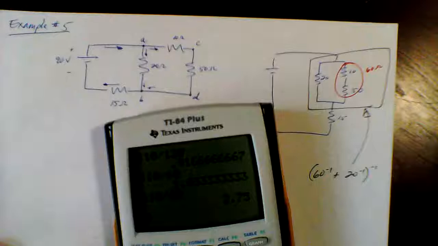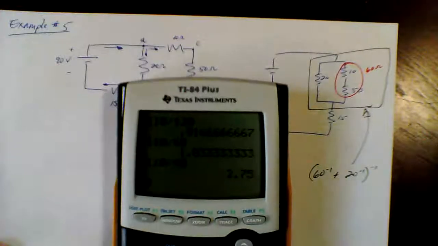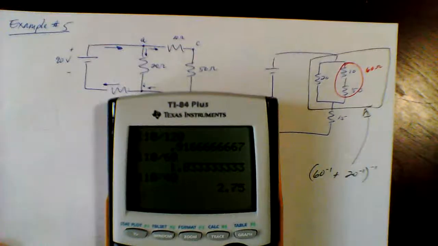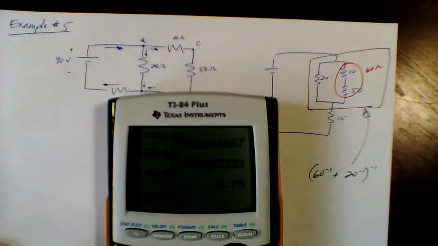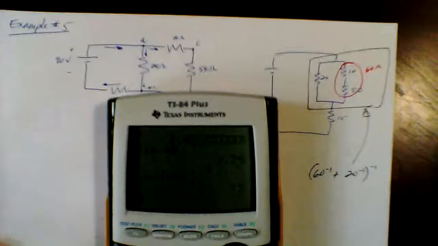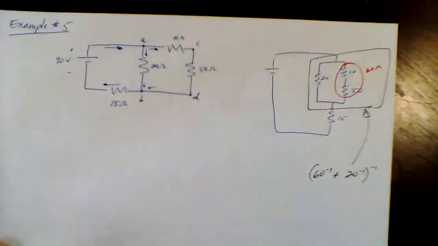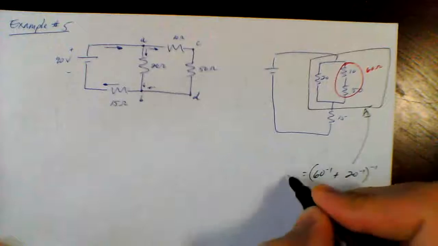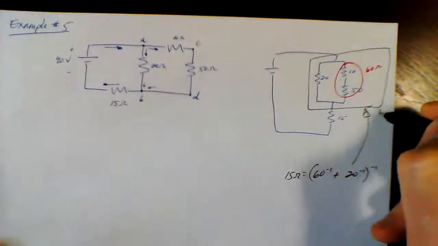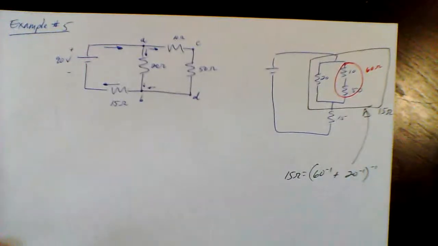I'm not 100% sure what that's going to be, but I'm going to calculate that out here. I calculate (60^-1 + 20^-1)^-1, and it gives me 15. So the resistance of this box is 15 ohms.